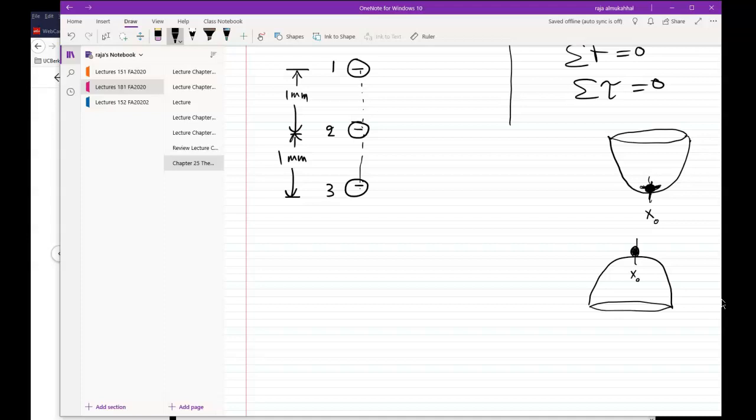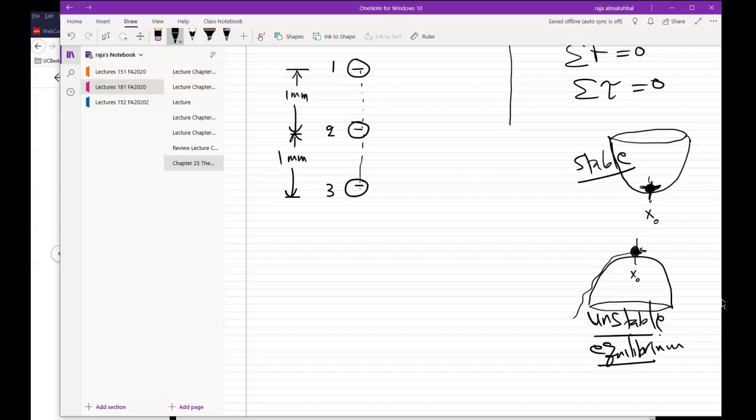Now let me perturb it, give it a little push or a little displacement. What's going to happen to it? It's not going to oscillate. It's going to fall. It's going to immediately lose its stability. That's an example of unstable equilibrium. The other one is an example of stable equilibrium. Got it? That's the meaning.